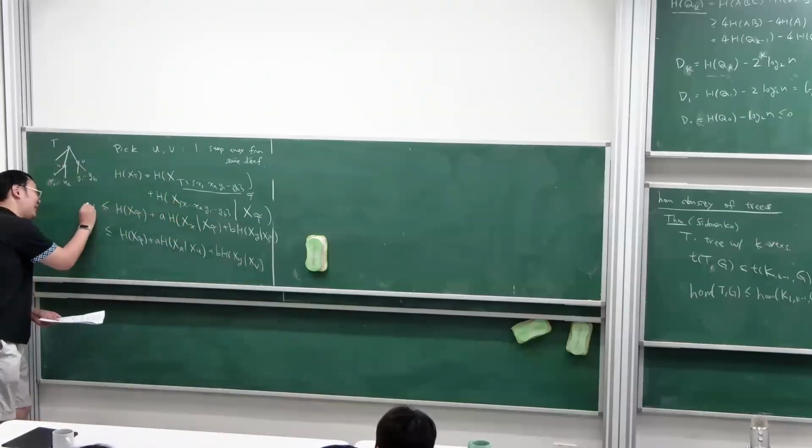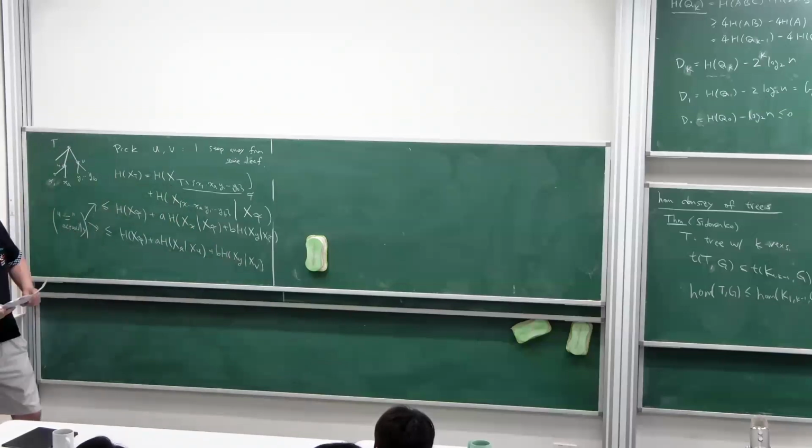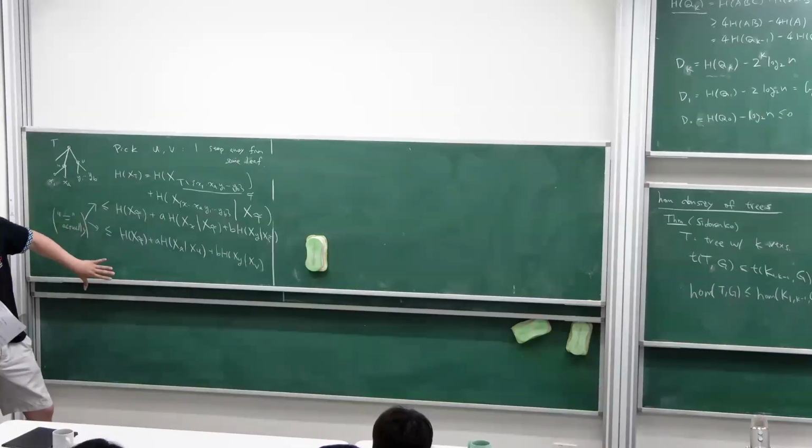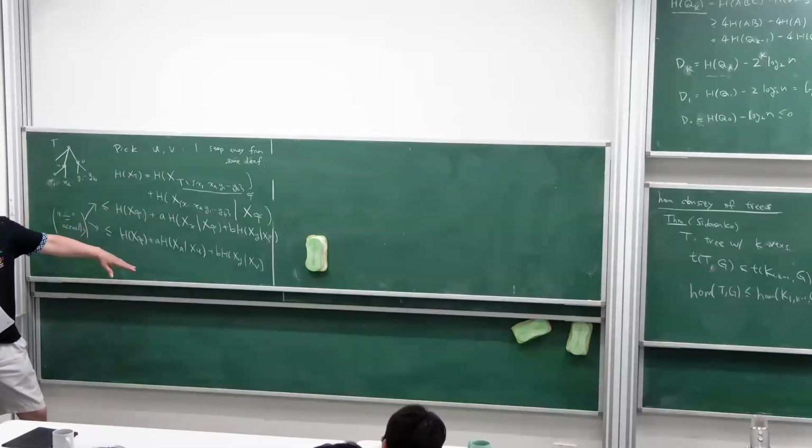And indeed, these two are equalities. Since we are sampling this uniformly at random, you have some nice independence between random variables. You can actually show that these two are equalities, but for our purpose, we only need an upper bound.